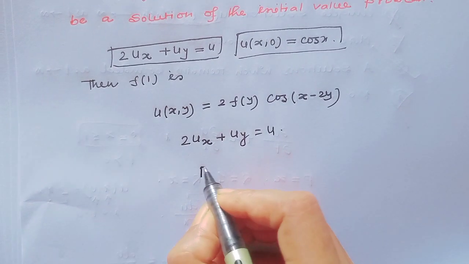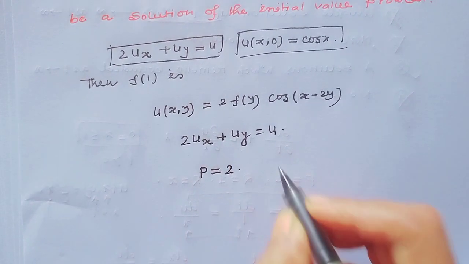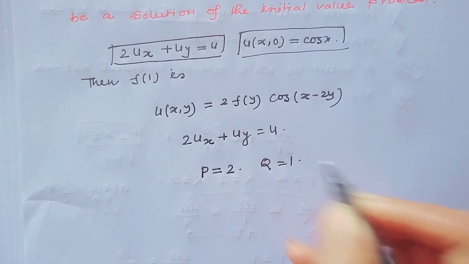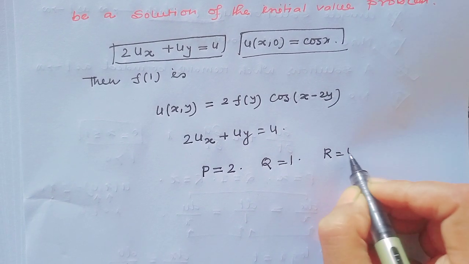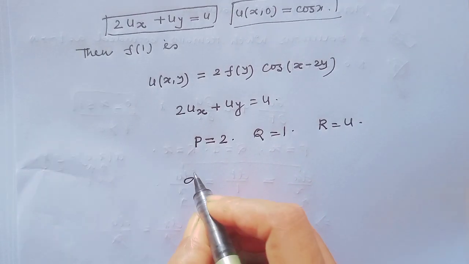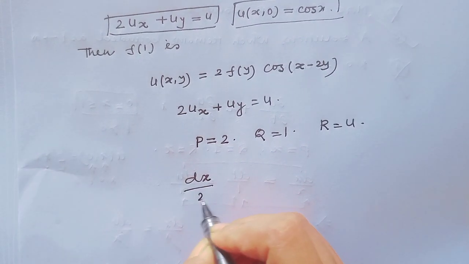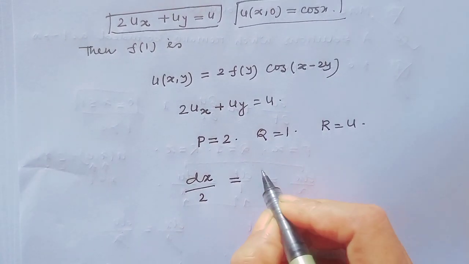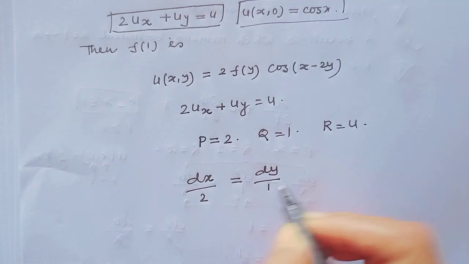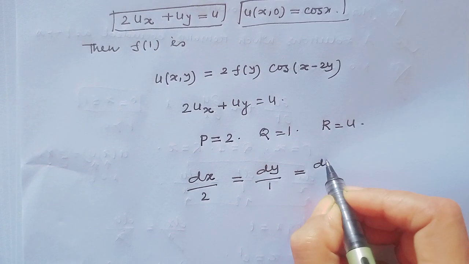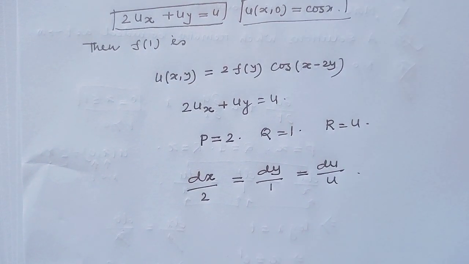Here p equal to 2, q equal to 1 and r equal to u. That implies dx by 2, dy by 1 and du by u.